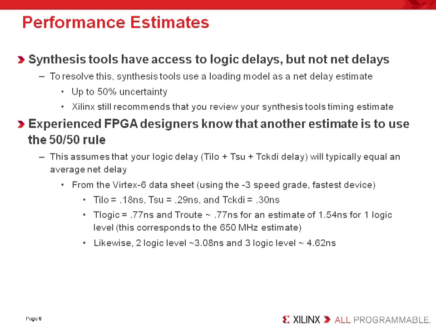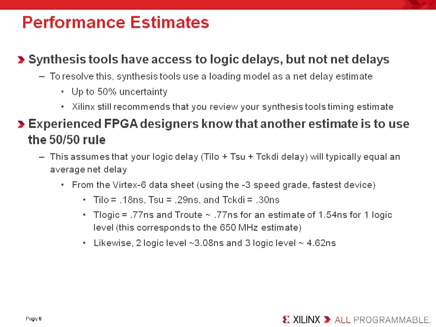Now, synthesis tools, as I mentioned, have access to the logic, but not to the net delays. Until we route the design, we don't know what those nets will be. To resolve this, the tools use a loading model, and as I mentioned, that's pretty uncertain. Experienced FPGA designers know that another estimate is to use what we call the 50-50 rule. Other customers use the 60-40 rule. That means that your logic delay, in this example of 50-50, would be half your delay, and the routing might be 50% as well.